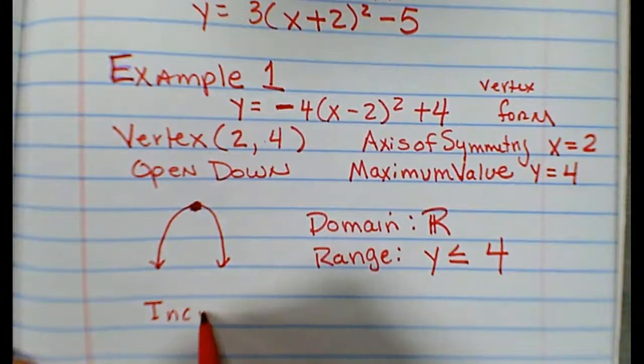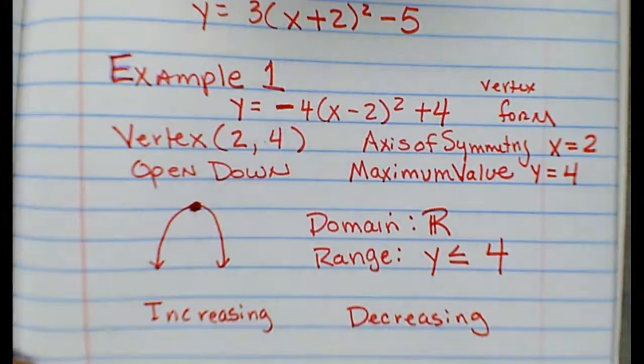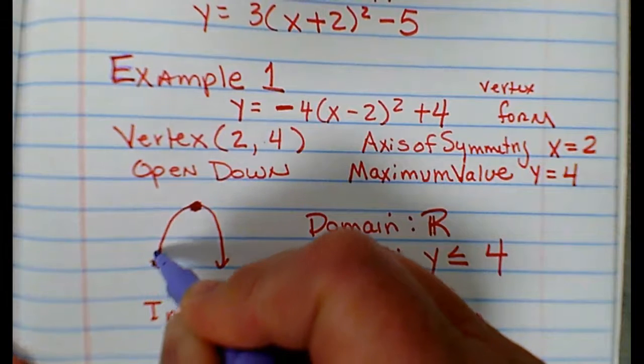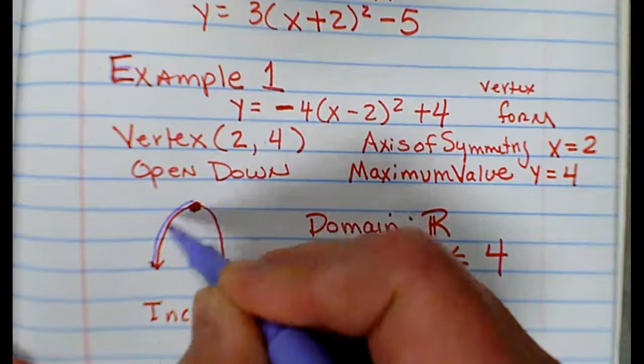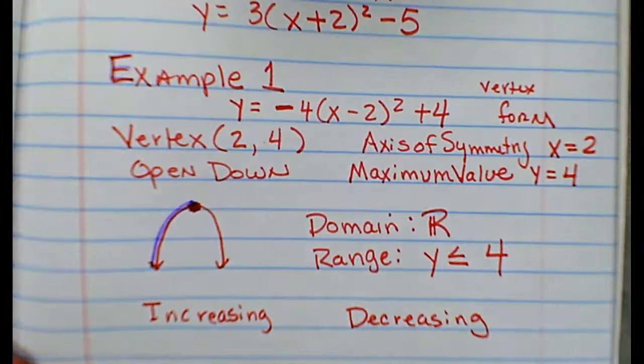And the final thing from this form is increasing and decreasing. If I start over here on this left-hand side of my graph and trace the graph, my pen is going up. So it is increasing.